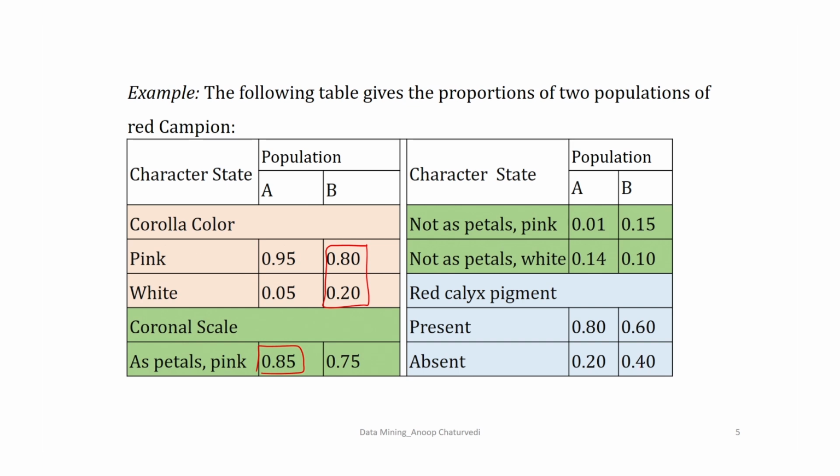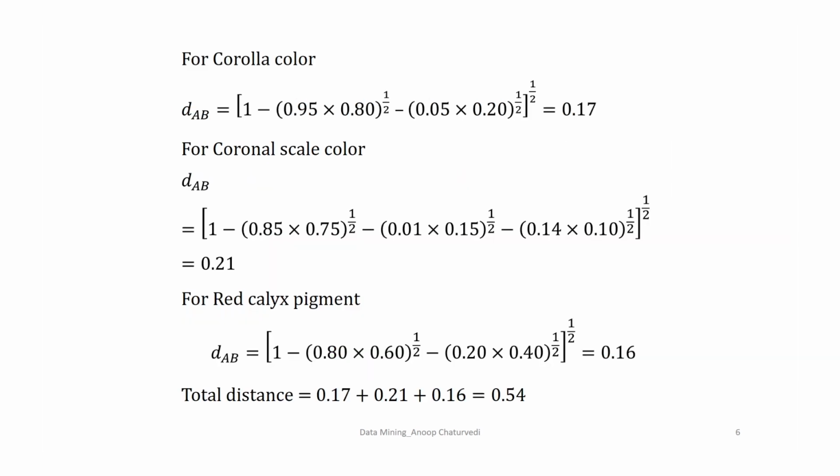And then we calculate the genetic distance between the two populations. So, first we consider the corolla color.